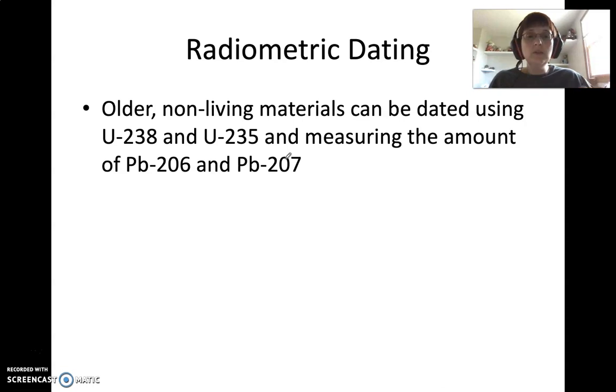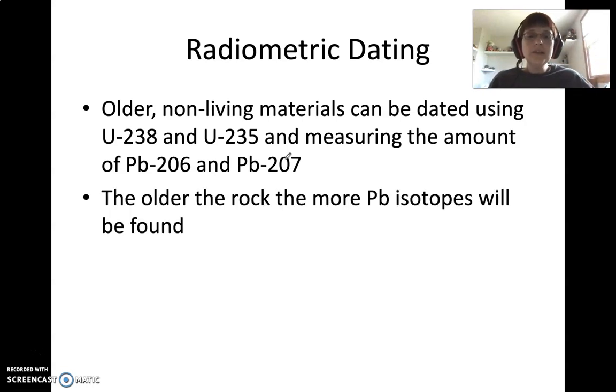And so we can use that to figure out the relative dates of when those fossils were created. Because the older the rock is, the more lead we're going to find, because that's given more time to break down through that radioactive decay.